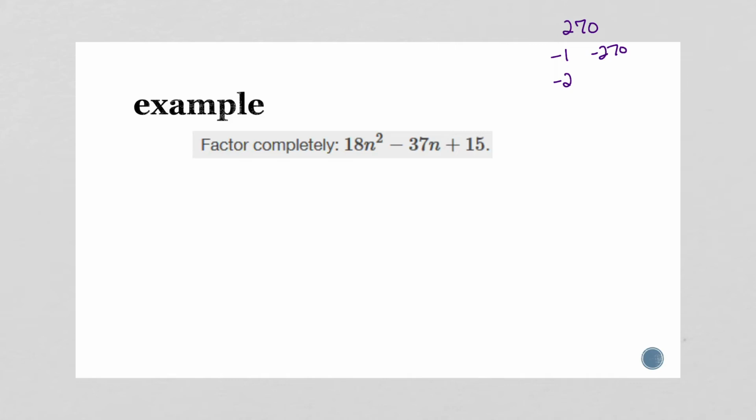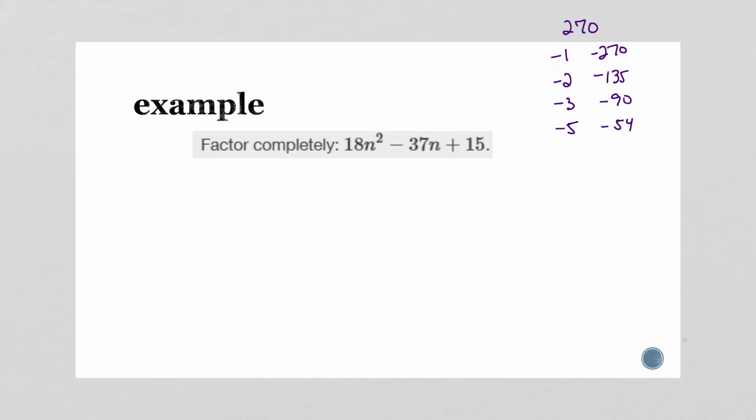So 270 divided by 2, 135. So nope, those add up to be negative 137. All right, let's go to negative 3. I should have known that. Negative 90. Nope, those add up to be negative 93. Let's see if 4 goes in. I don't think it does. Nope, it doesn't go in evenly. 270 divided by 5 is 54.